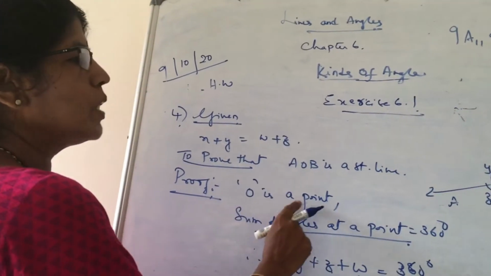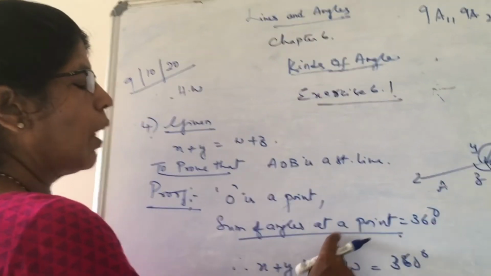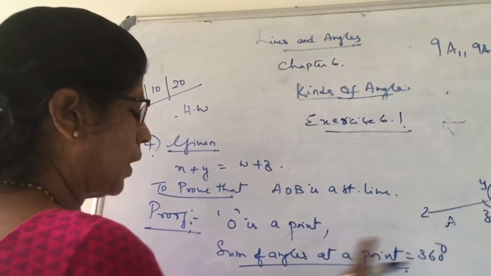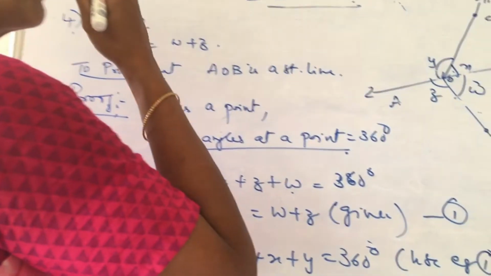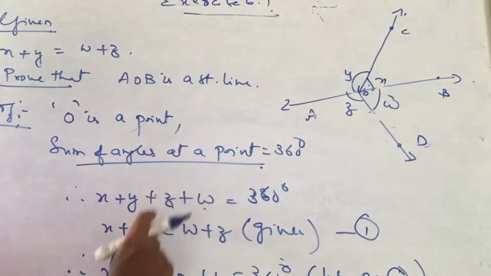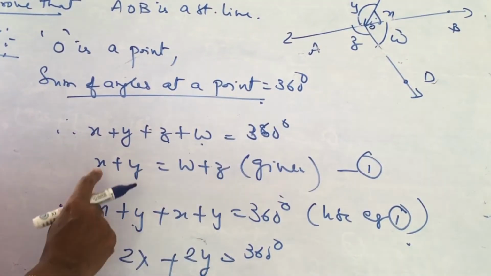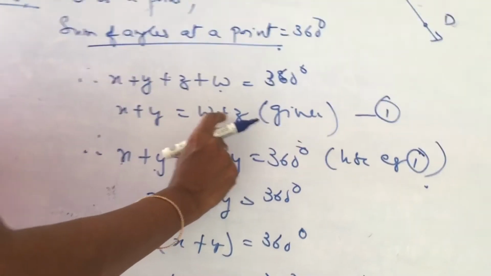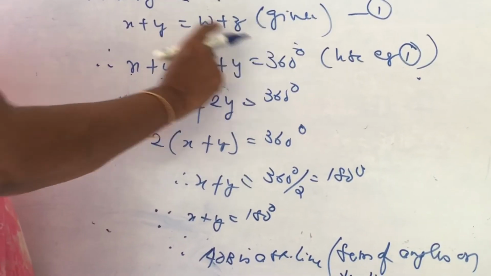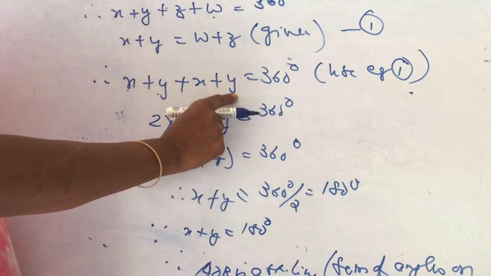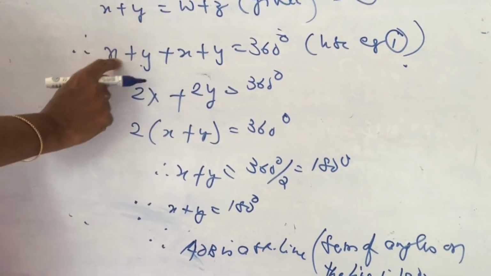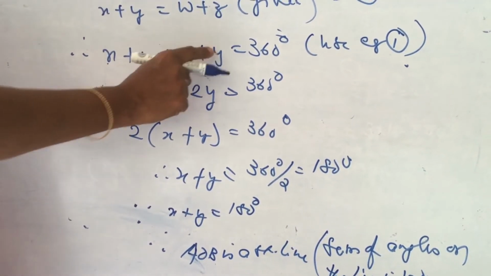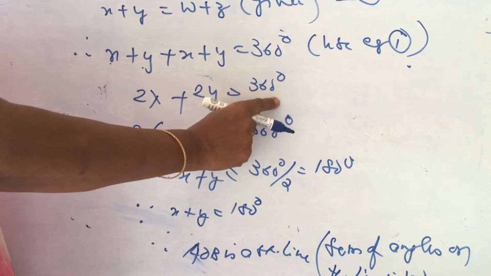Proof. O is a point. The sum of the angles at a point is 360 degrees. Name the angles at the point: x, y, z, w. Their sum is 360. x plus y is equal to w plus z. In the place of w plus z, you can put x plus y. You're all good at addition. x plus x, 2x. y plus y, 2y is equal to 360.